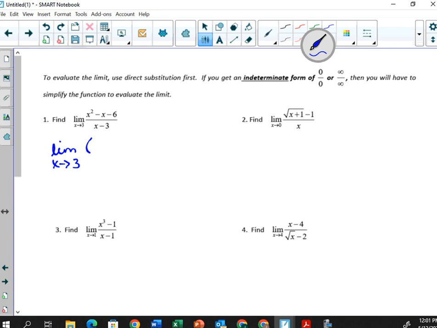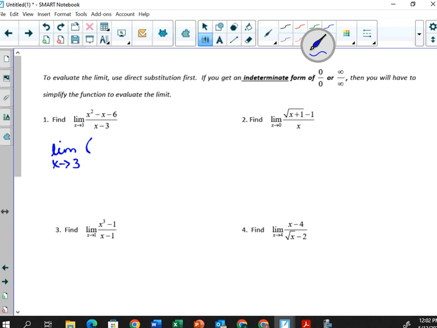All right, what multiplies to give you negative 6 and adds to negative 1? Negative 3 and 2.